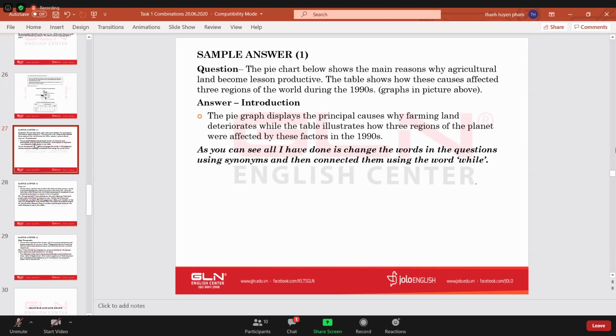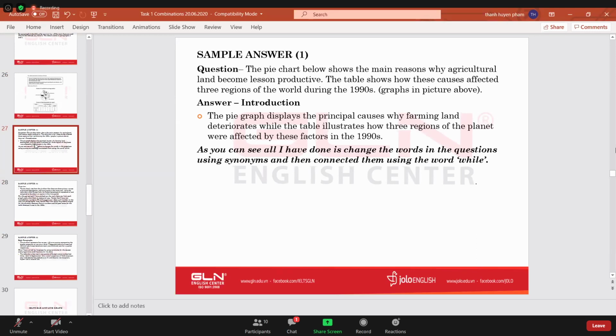So let's have a look at the answer. So the graph displays the principal causes why farming land deteriorates, while the graph illustrates how 3 regions of the planet were affected by these factors in the 1990s.